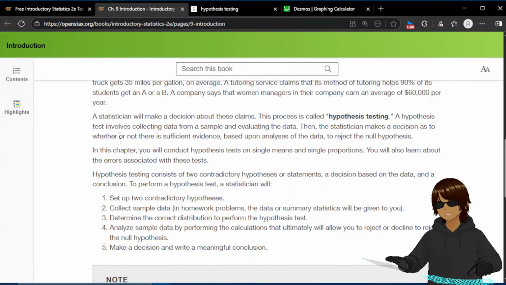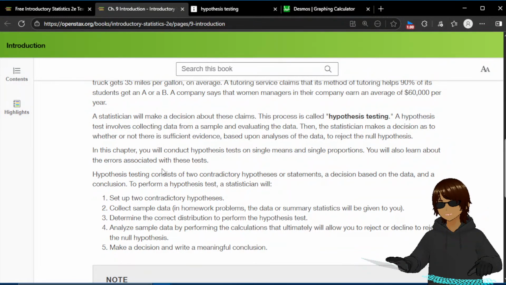A hypothesis test involves collecting data from a sample and evaluating the data. Then the statistician makes a decision as to whether or not there is sufficient evidence, based upon analysis of the data, to reject the null hypothesis. In this chapter, you will conduct hypothesis tests on single means and single proportions.